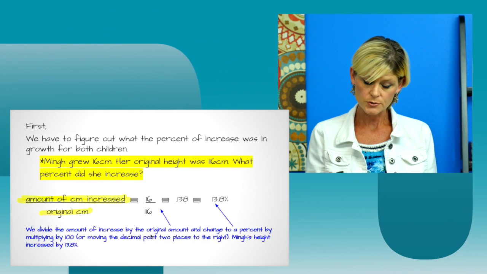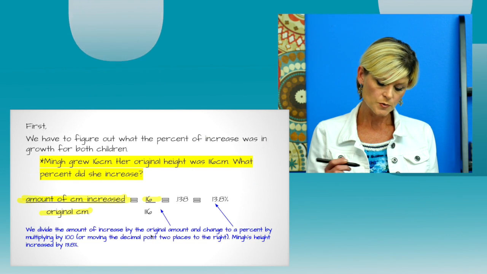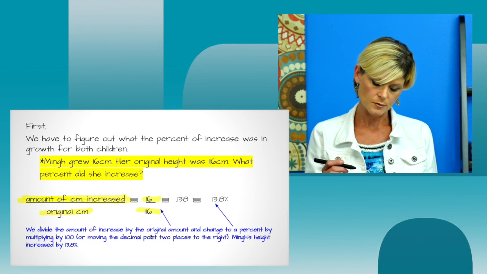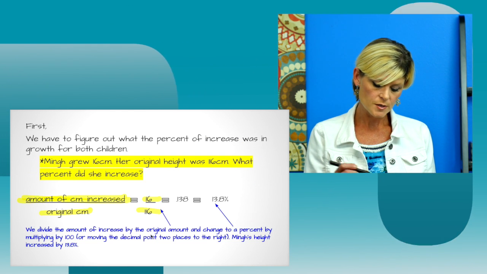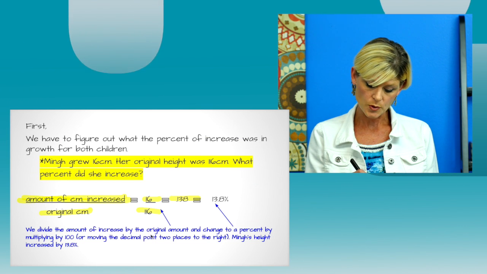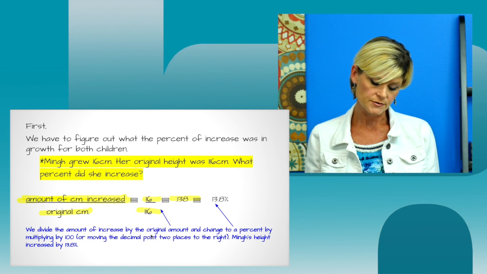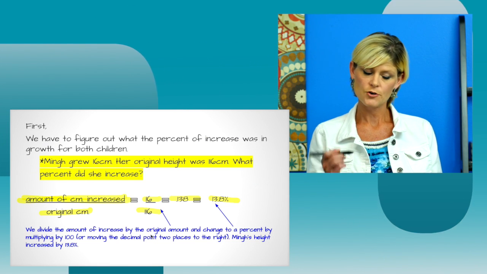And we're just going to plug those numbers in. She increased 16 centimeters. She was originally 116 centimeters. All we're going to do there is divide, and we come up with 0.138, and we turn 0.138 into a percentage, and that gives us 13.8%. So that is her percent increase in her height.